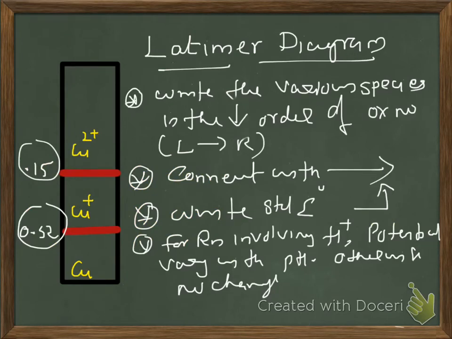For example, Cu, Cu plus, Cu2 plus, these are three species of the copper system. For the copper system, Cu plus and Cu are in equilibrium at 0.52, and Cu2 plus and Cu plus at 0.15.